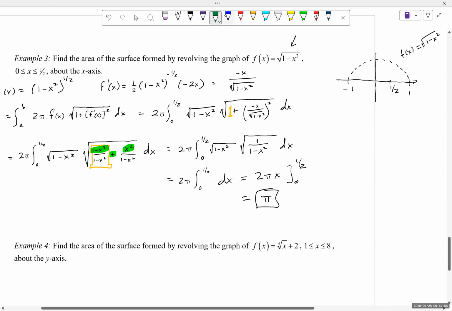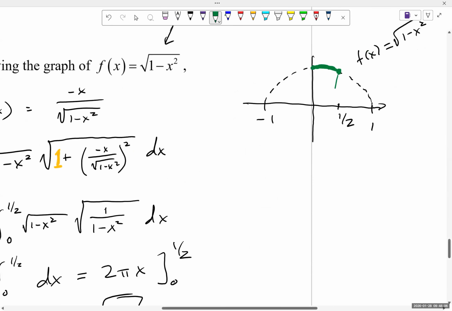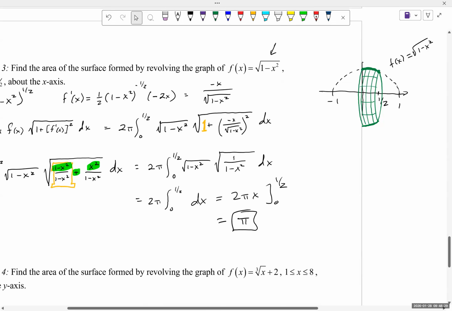We just took this green portion of our curve like that, and we rotated it about the x-axis to get a surface that looks like this. Not a solid, right? And we just found that surface area. It just happens to be exactly pi units. Pi square units, I should say. Cool?